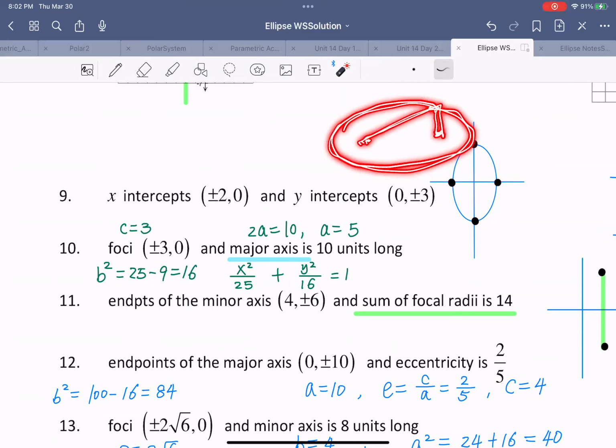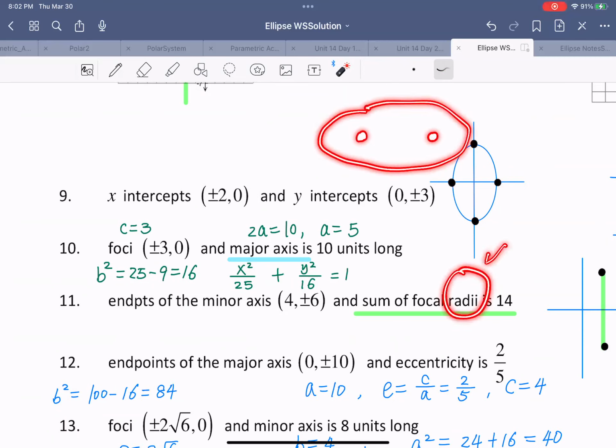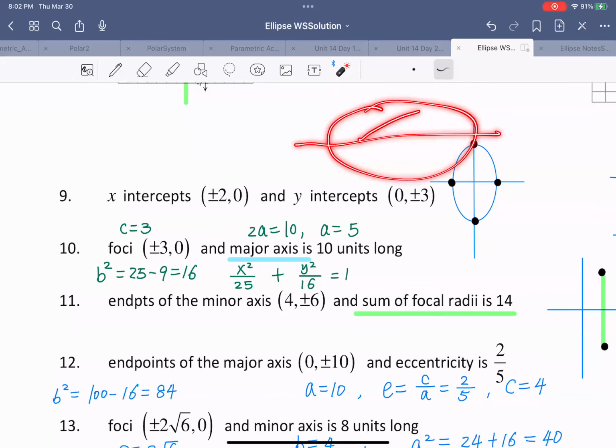Foci radii means this is your ellipse, 2 centers. Radii means radius. So this is one of the radii, this is the second radius. Sum of foci radii means the summation of these 2. So as what I already showed everybody, when we derive this formula, these 2 added together equal how much, Vienna?